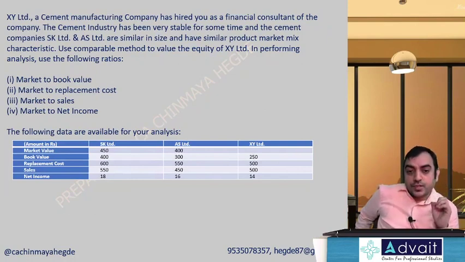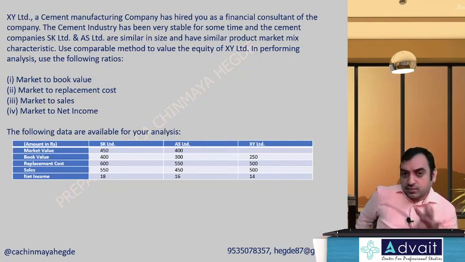XY Limited, a cement manufacturing company, has hired you as a financial consultant of the company. Cement industry has been very stable for some time, and the cement companies SK and AS Limited are similar in size and have similar product market mix characteristics. Similar companies use comparable method to value equity.